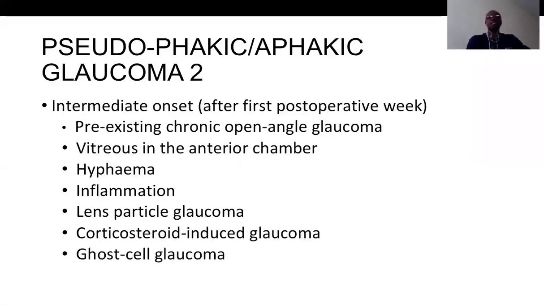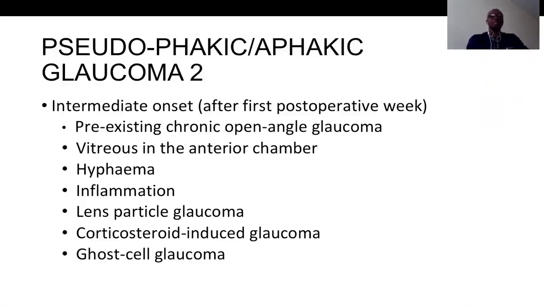The next group is the intermediate onset group. It may be due to pre-existing chronic open angle glaucoma, as explained in the first group. It may also be a result of vitreous being present in the anterior chamber, in a case where there has been a PC rent and then vitreous was not cleared from the anterior chamber.